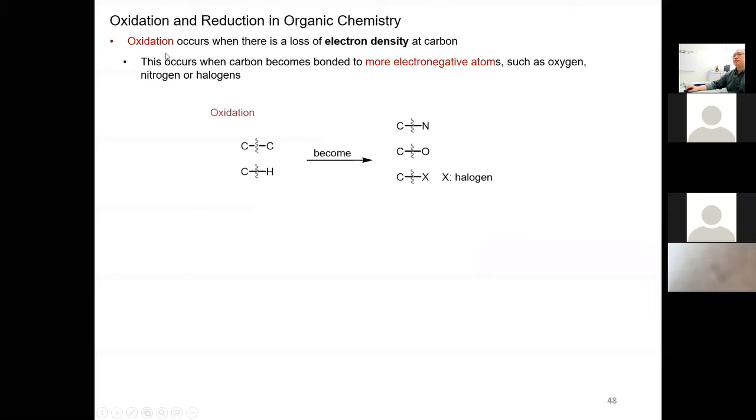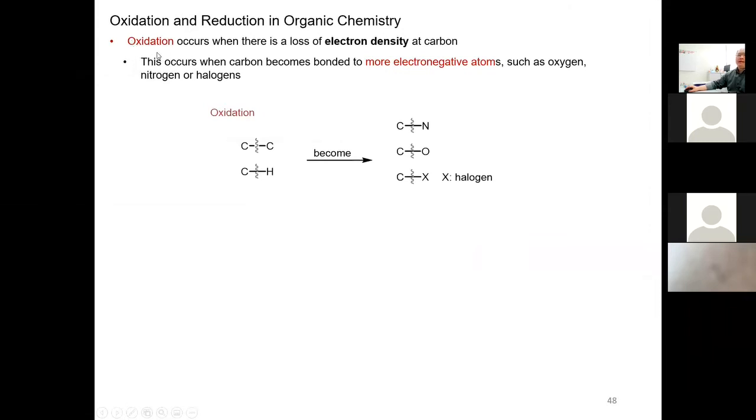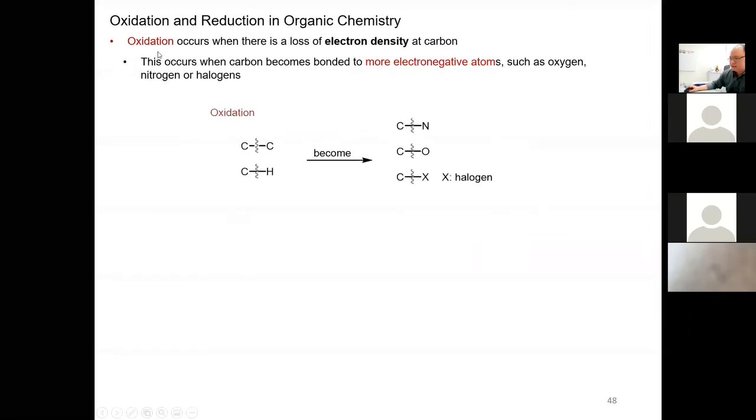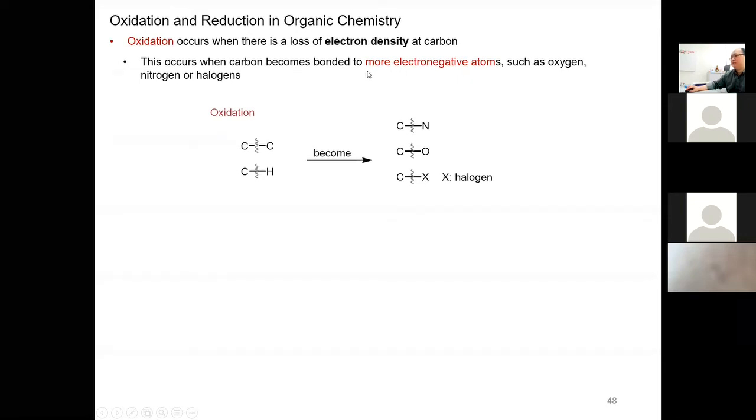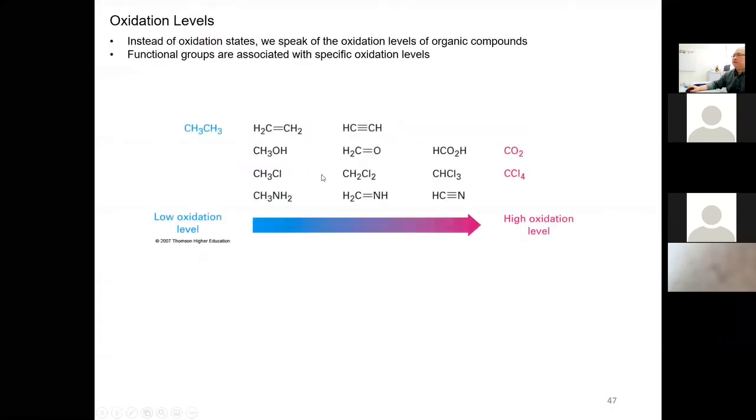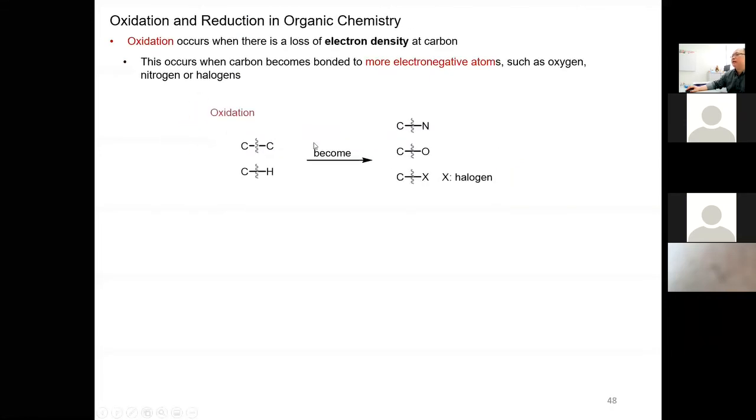What is different from inorganic chemistry is that in organic chemistry we define oxidation as occurring when there is a loss of electron density at the carbon. Usually this means that when carbon becomes bonded to more electronegative atoms, it's an oxidation. Let's say you start from a CH bond, for example ethane, which has a lot of CH bonds.